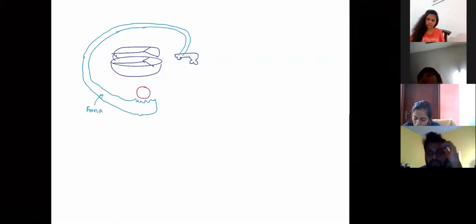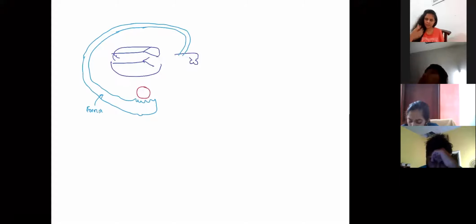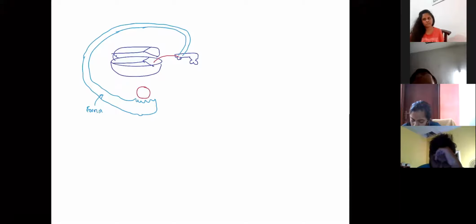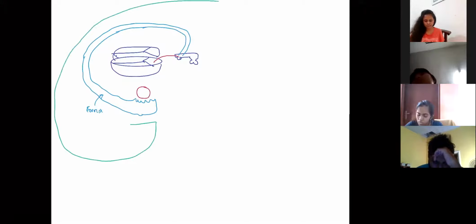And I told you fibers come to the anterior thalami from the mammillary bodies, mammillothalamic fibers. And from the thalamus, it is going to send fibers to something called the cingulate gyrus. This is called the cingulate gyrus.